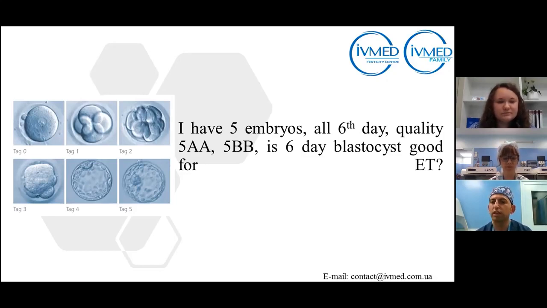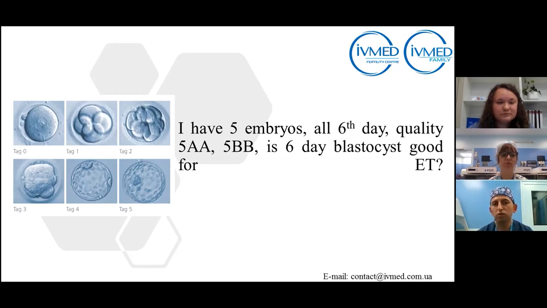So they say, okay, if you have 6-day embryos, blastocysts, it is better to freeze and make the next cycle embryo transfer to give more chance for the implantation window. But of course, there are several different studies in which a group of clinics use 6-day blastocysts for fresh embryo transfer, and they got good results, but such research is limited.